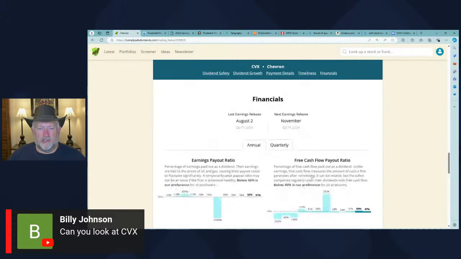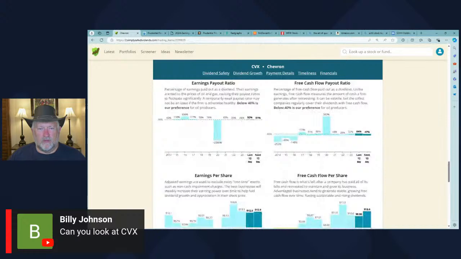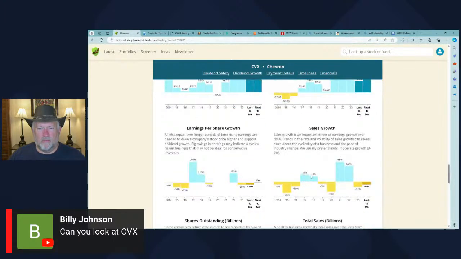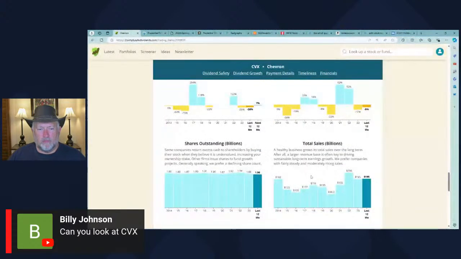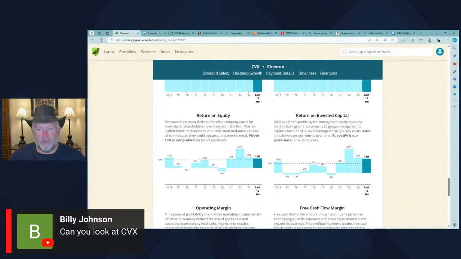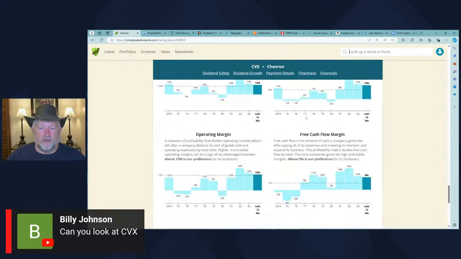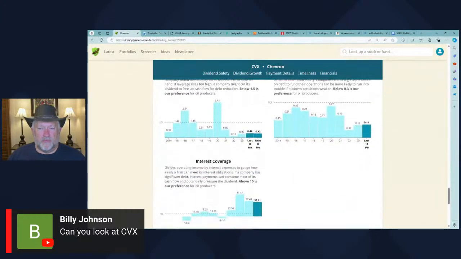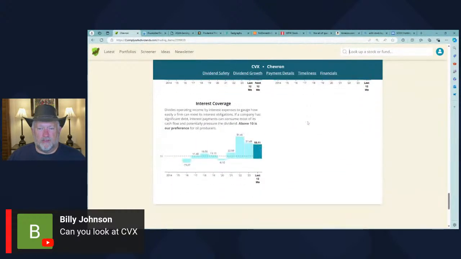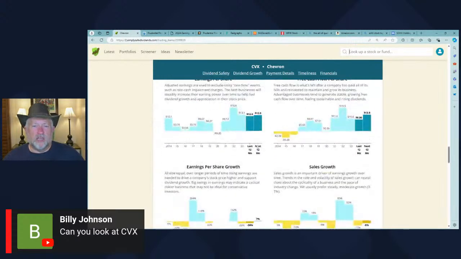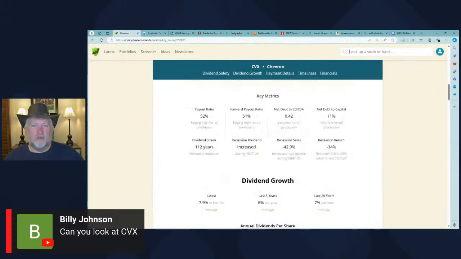So pretty solid. Those graphs look a little weird. Return on invested capital finally is looking pretty decent at 12%. So we like that. Debt to capital is very low and interest coverage is very high. So, things are looking a lot better at Chevron than they were earlier.